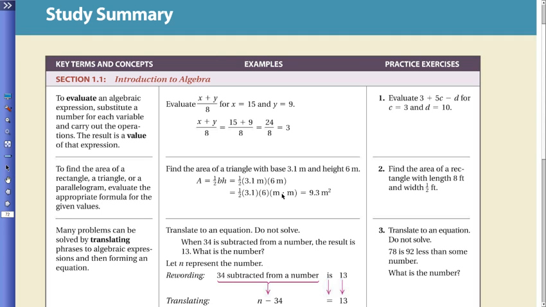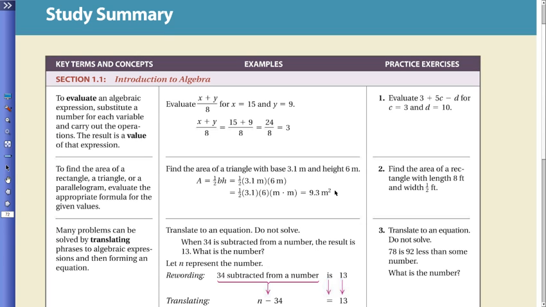Notice that they keep the meters as a label, as if it were a value, and then they use the commutative law and the associative law, which we'll talk about a little bit. These allow us to change the order of a multiplication and the grouping of it, and come out with meters squared, because that's what area is measured in: squares.